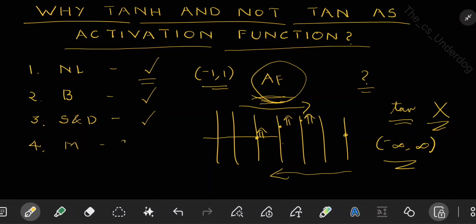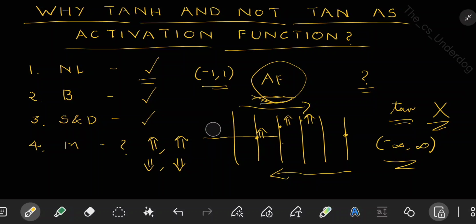Why do you want it to be monotonic? Whenever your input value is larger, the activation function should also give a larger output. Whenever it is smaller, the activation function should also give a smaller output. That is, the monotonicity should be maintained. If these qualities are met, then you can say this is good for an activation function.